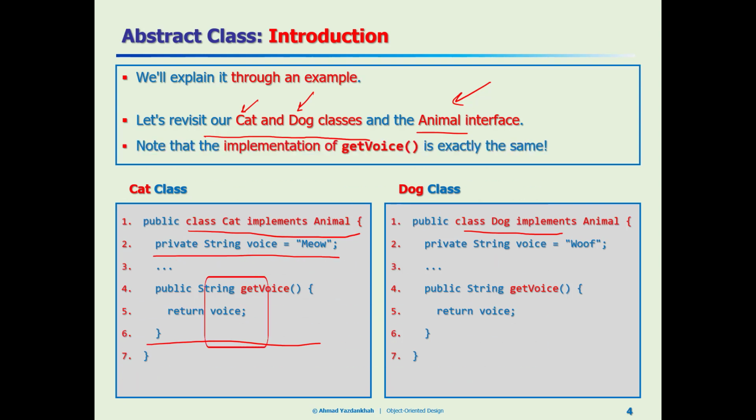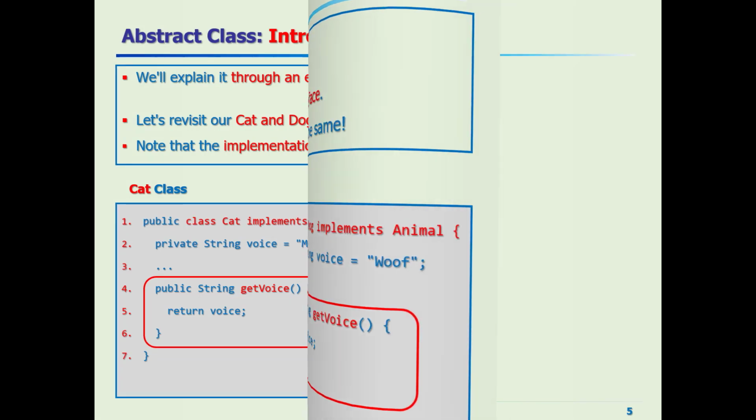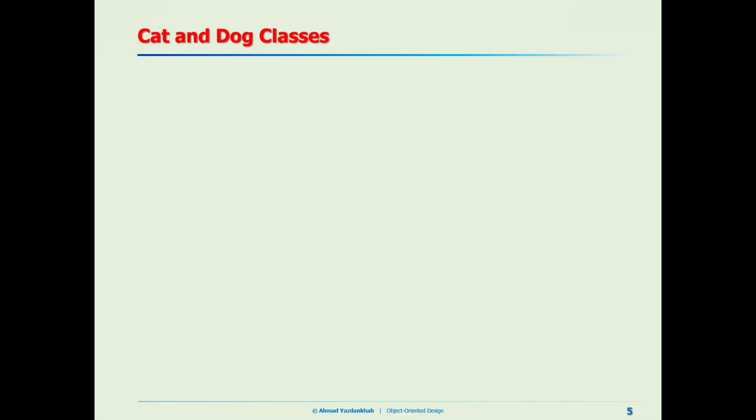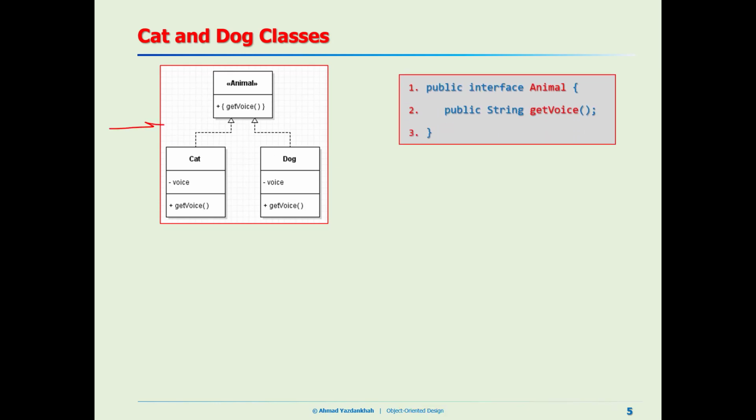Okay, so let's focus on this similar method, get voice, that is similar in both of them, right? Before asking the question, let's look at the class diagram of the cat and dog, and also the animal interface.